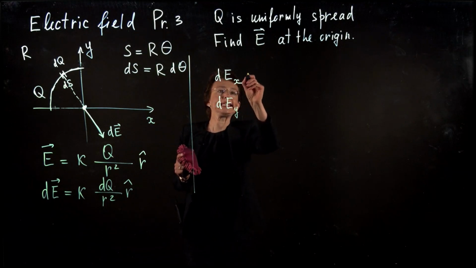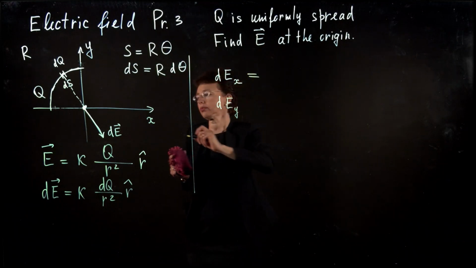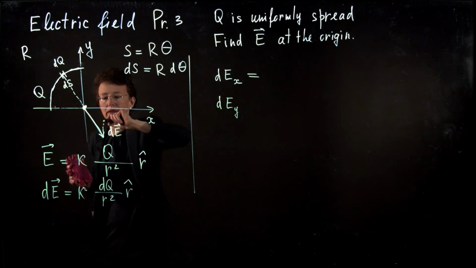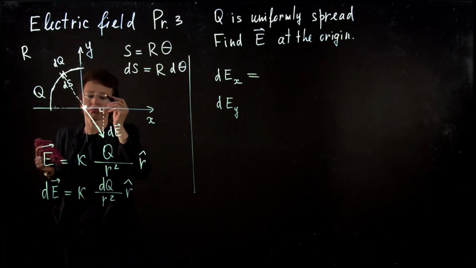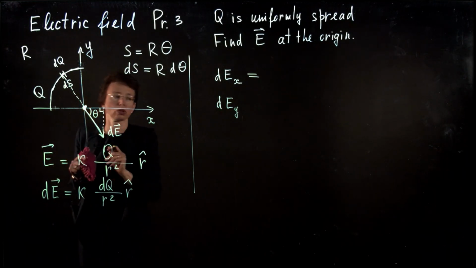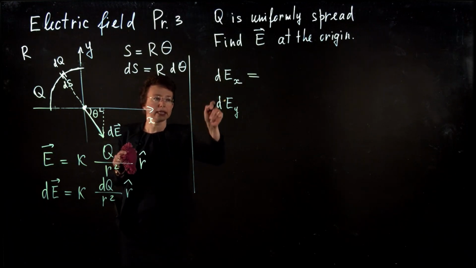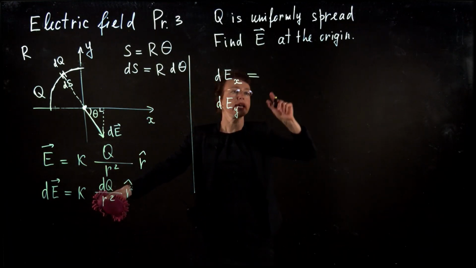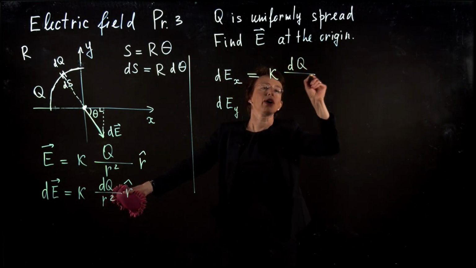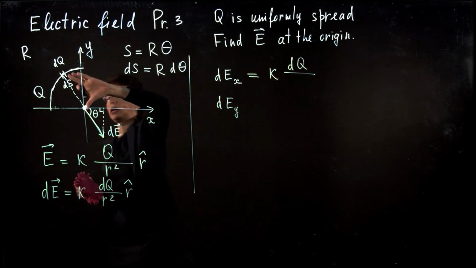What is dEx? This is my electric field. I project it on x. This is my right triangle. Let's introduce, let's say, angle theta with horizontal. Then what will be dEx? dEx will be k dq divided by distance squared.